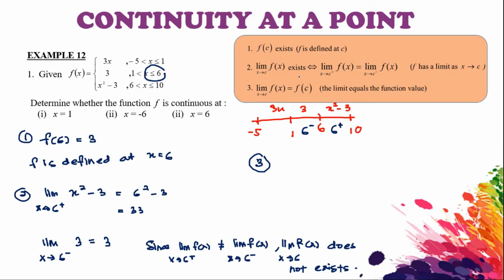For the third condition, we know that condition number 1 has to be equal to condition number 2. Since for condition number 2 the limit of f(x) as x approaches c does not exist, automatically we don't have to do condition number 3 and we can conclude that f is discontinuous or not continuous at x equals 6.